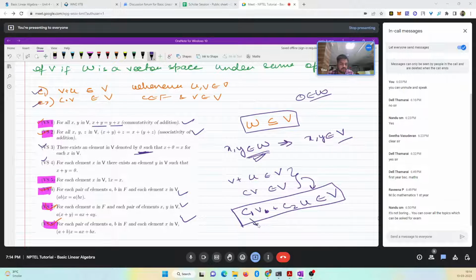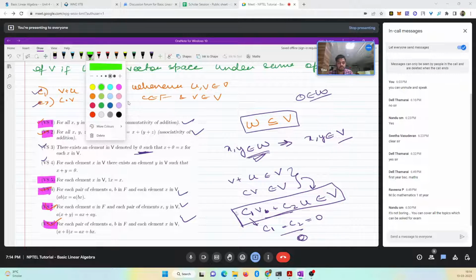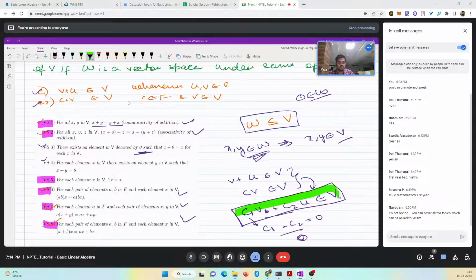If we take C1 equal to C2 equal to 0, then this left hand side already becomes 0. So if we just write this particular property, then this property is also satisfied, this is also satisfied, this is also satisfied.